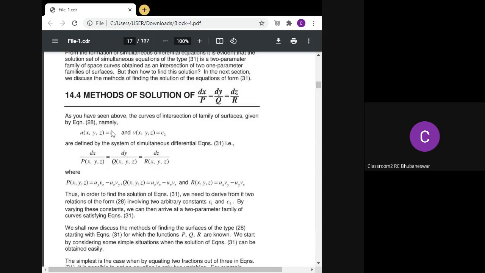Now these are the two functions given, u equals c1 and v equals c2, and how can we generate this relation that has been discussed earlier.